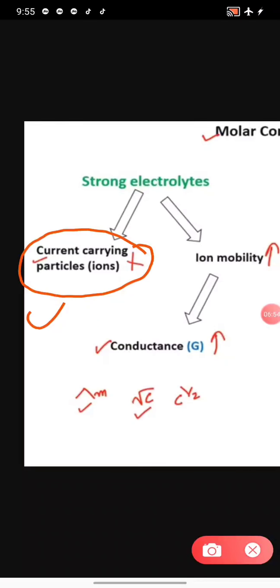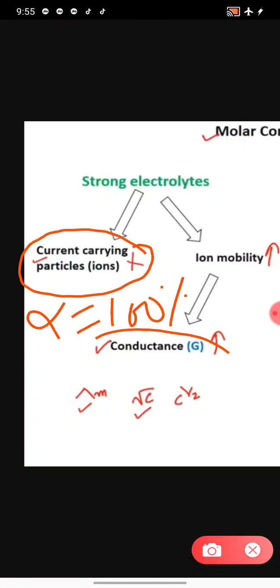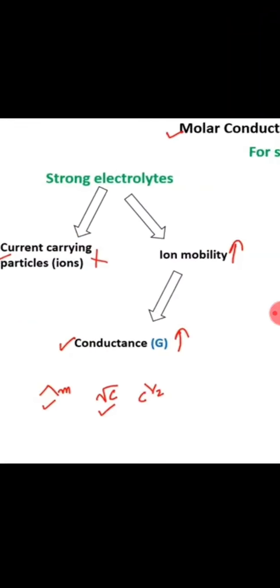Why? Because their alpha, their degree of dissociation, is already 100% in this case. But what happens? The ionic mobility increases. So the net result is that the conductance will increase. This is what we learned in the last session.